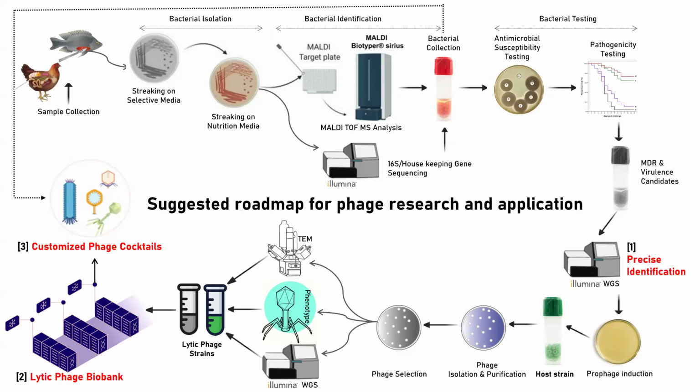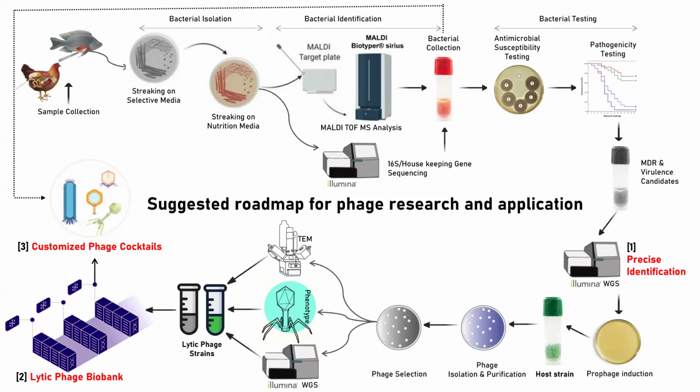And we have to do whole genome sequencing to identify exactly the family of the bacteriophage. After finishing this step, we have the lytic bacteriophage strain, and we can go for more sampling to collect samples for phage collection.